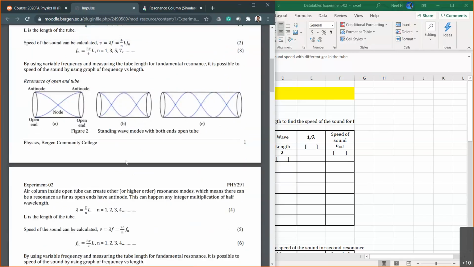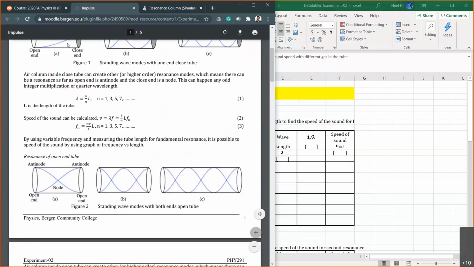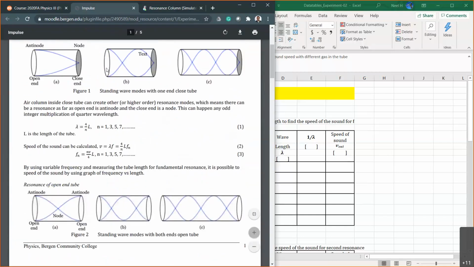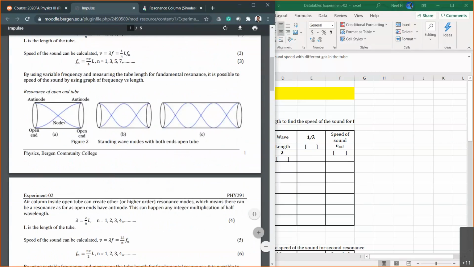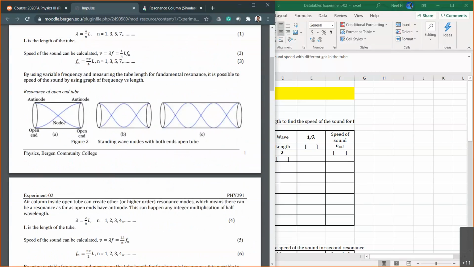The only difference is that in this formula, the series equation for lambda is going to be different. If both ends are open, and you place a source right here like the speaker, this open end should always act as an antinode, because the air molecules can vibrate as freely as possible, right? In between can be anything, like the standing wave you observed last experiment.